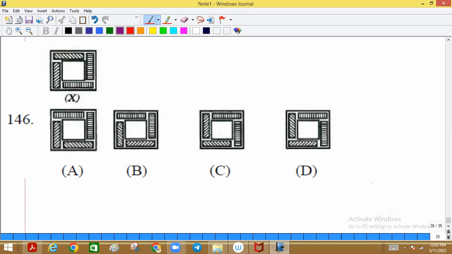B. D, C, B, D. We got three options. I said now, if you say correct, you understood the subject. If you are giving this correct answer, it means you understood the subject.